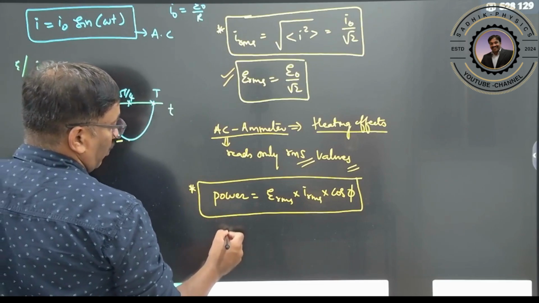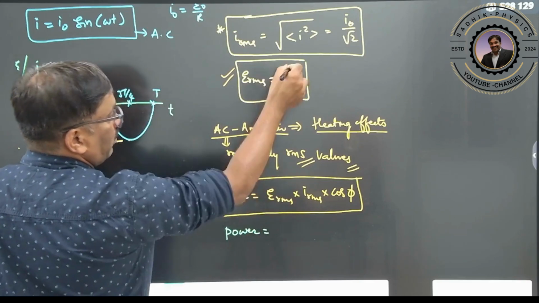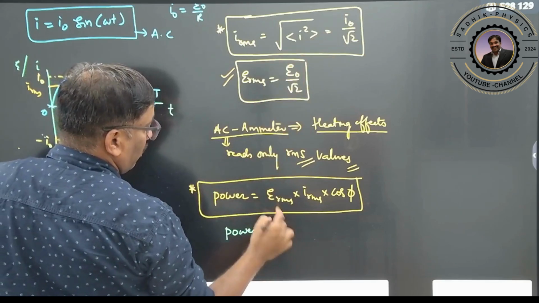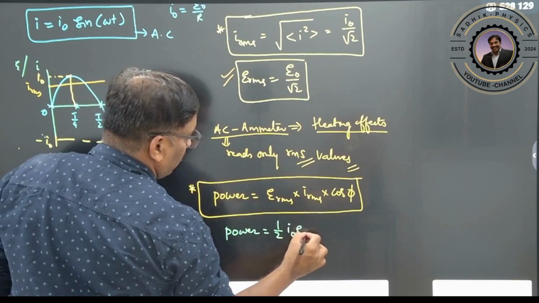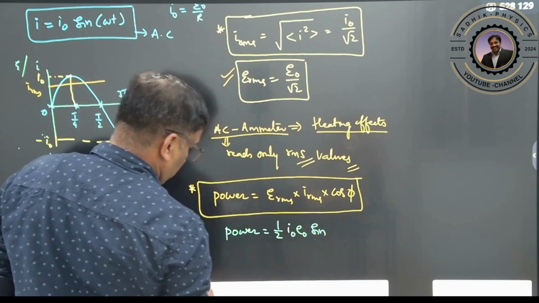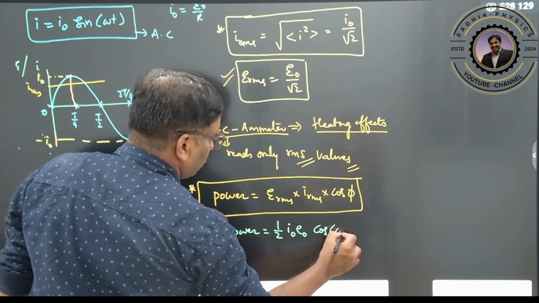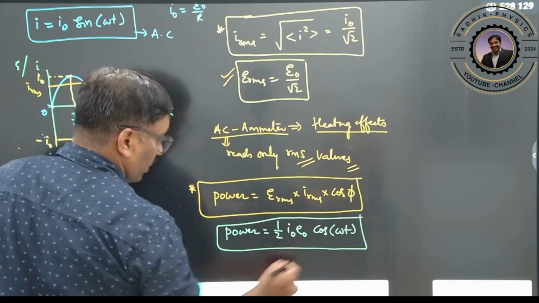So power equals E RMS, which is E naught by root 2, into I RMS, which is I naught by root 2. Root 2 into root 2 gives 1 by 2, so power is half of I naught into E naught into cos phi.